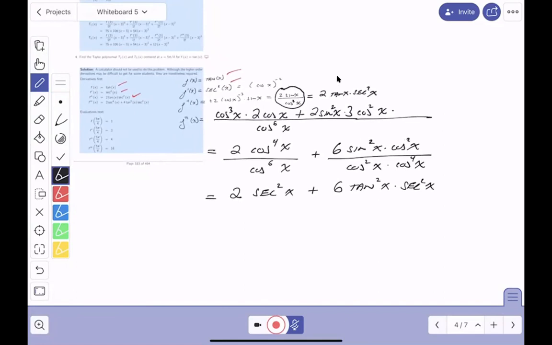Man, I'm still getting something different, aren't I? Getting tan squared x, secant squared, 2 secant. I think I might have a mistaken derivative there.